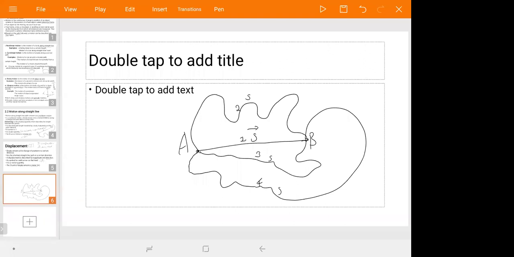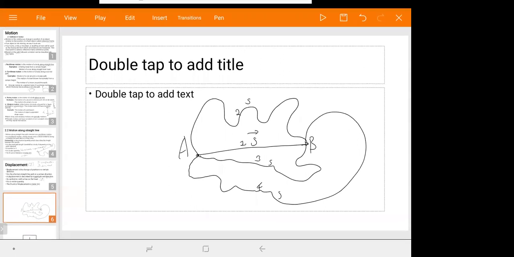Therefore, in our discussion today, we have seen the definition of motion, the types of motion, and the definition of distance and displacement. The difference between them is that distance is a scalar physical quantity, whereas displacement is a vector physical quantity.